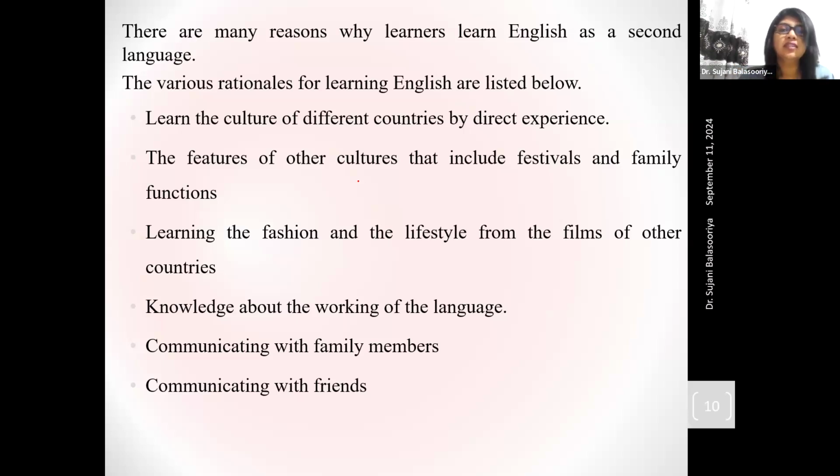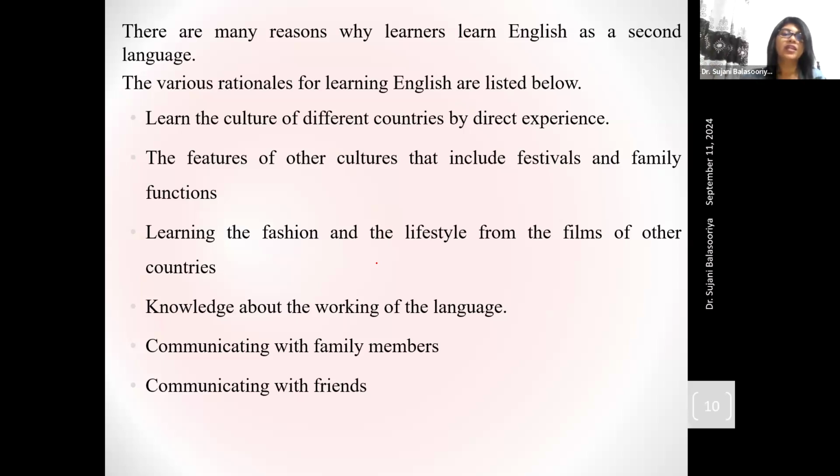And learning the fashion and the lifestyle from the films of other countries. If you know English, you can learn about fashion and lifestyle, both of which are related, from the films of other countries, but even directly too.